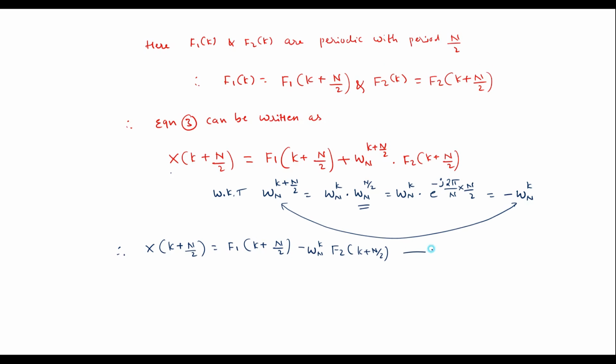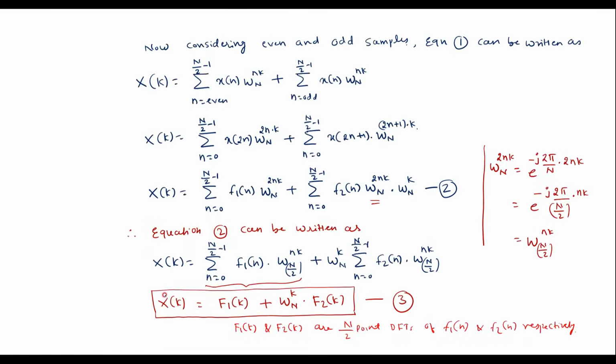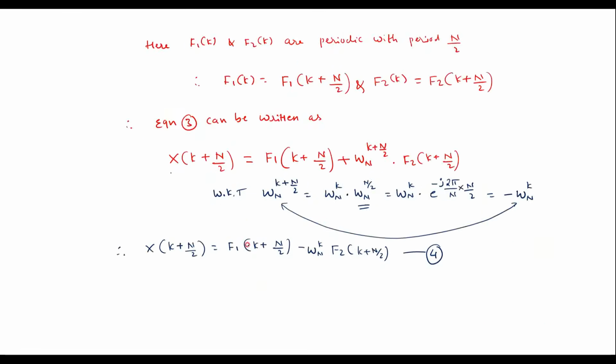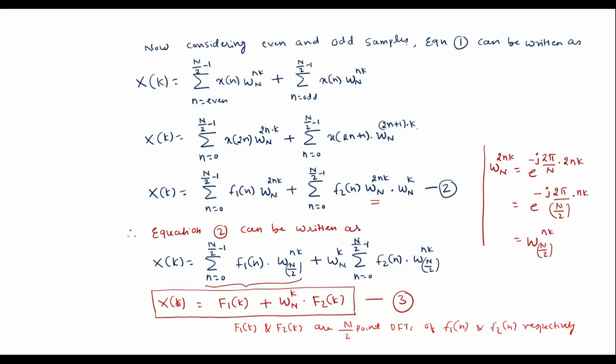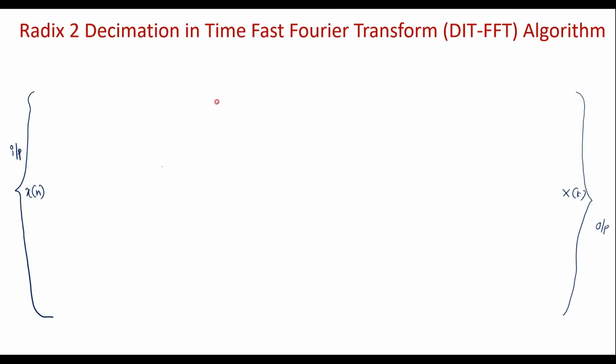I will call this equation 4. Now I will rewrite equation 3. From equation 3, X of k is equal to F1 of k plus W_N power k F2 of k.